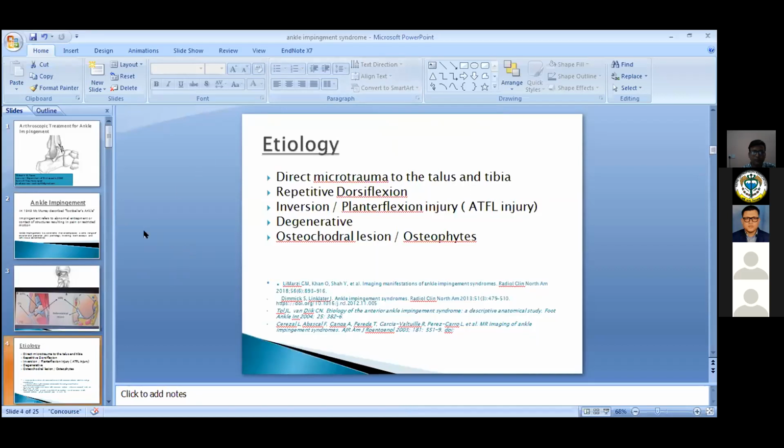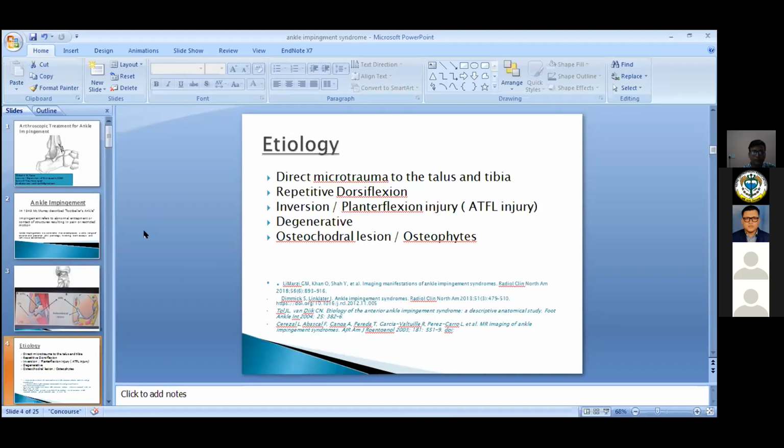The etiology varies and is multifactorial. Direct microtrauma to the talus and tibia is one cause. Repetitive dorsiflexion, traction injury, inversion plantar flexion, or ATFL injury are common causes of synovitis and impingement syndrome. Degenerative changes also cause impingement and osteochondral lesions.